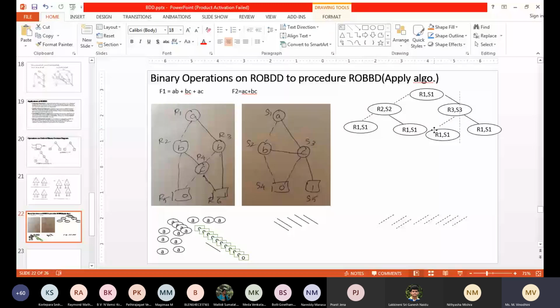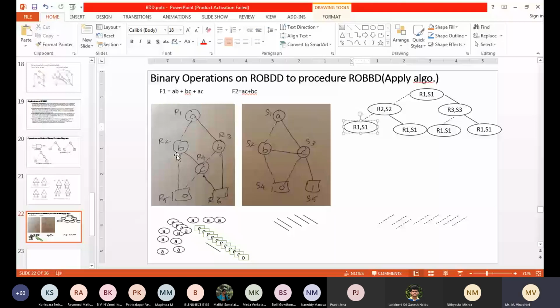Now, when R2 is 0, where is it going? R5. When R2 is 1, where is it going? Look at this diagram and tell me. R4, ma'am. Okay. S2, when S2 is 0, where is it going? S4.